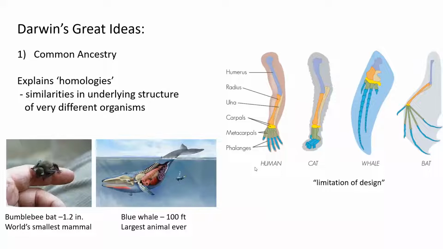Why does the smallest mammal on the planet in Thailand, the bumblebee bat, it's an inch long, flies through the air? What engineer would ever create this animal using the same rubric, the same rules of construction as they would use to build the largest animal that's ever lived that swims through the water?